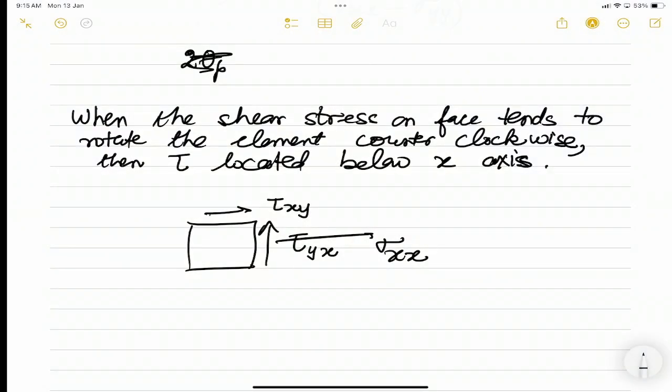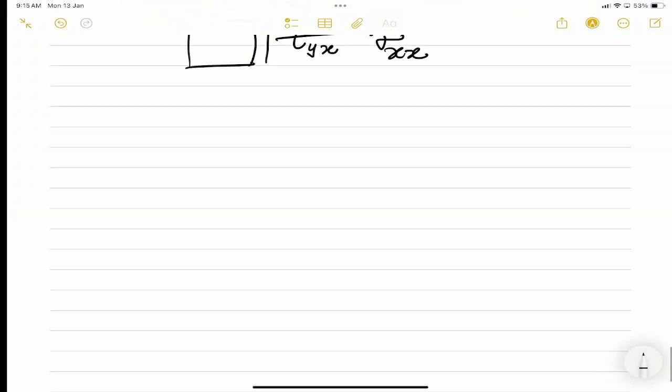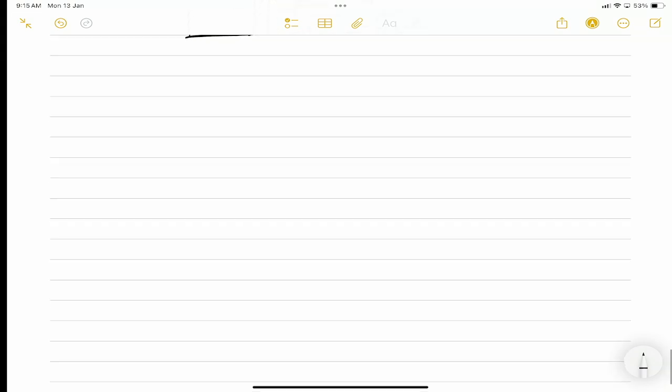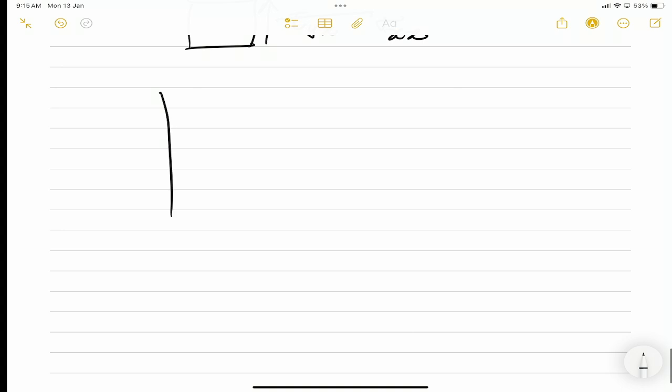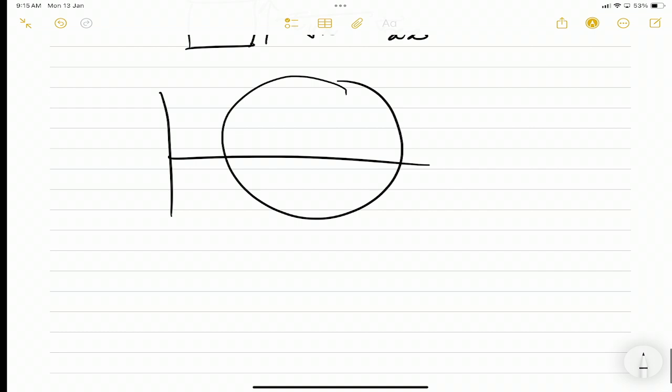Okay? So now the other important point is, we call this point A, we call this point B, and corresponding to this we had this one. Now C was the center, points D and D are the points where the shear stress is maximum.